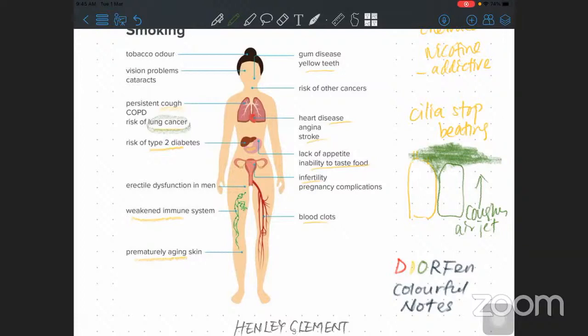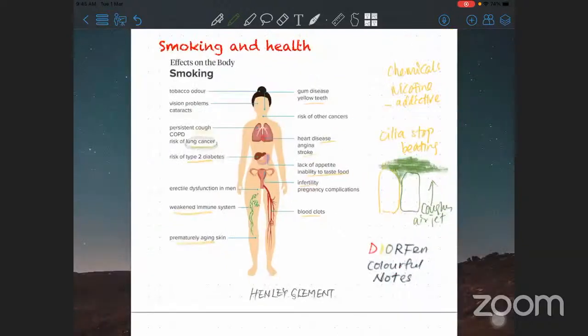The cancer cells continue to divide and form a lump called a tumor. This may block the airway or break up and spread to other parts of the lung where more tumors can develop. Okay. So I think this is to remind us not to smoke.